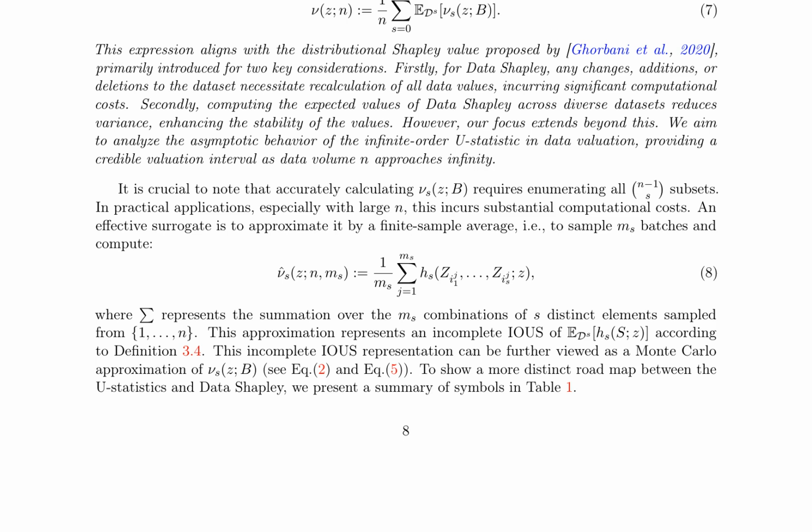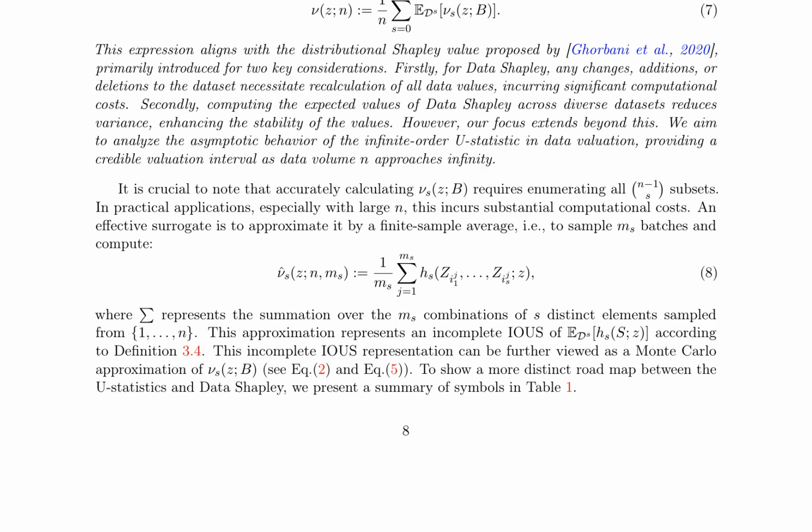However, accurately calculating nu_s(z, B) requires enumerating all subsets of B\{z}, which incurs substantial computational costs. To mitigate this, an effective surrogate is to approximate nu_s(z, B) by a finite sample average, nu_s(z, n, m_s), which represents an incomplete IOUS of E_{D_s}[H_s(S, z)].